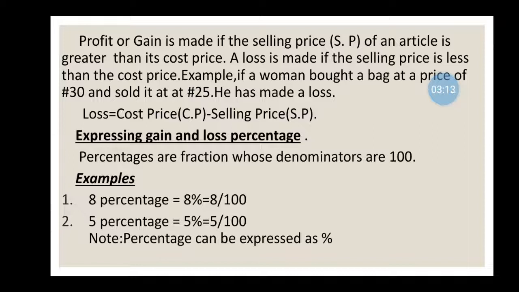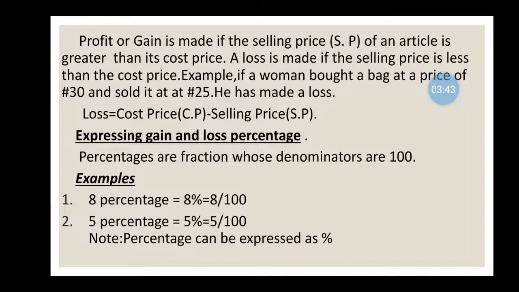That 20 naira is your cost price, and you want to sell it for 25 naira, which is your selling price. You are selling it for more than the price you bought it. So the extra 5 naira, 25 minus 20, is your gain or profit, because in this case the selling price is more than the cost price. So whenever the selling price is more than the cost price, you have made a gain or profit.